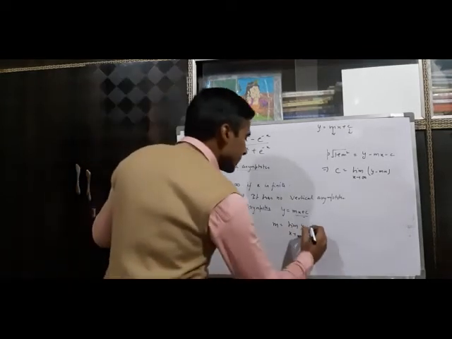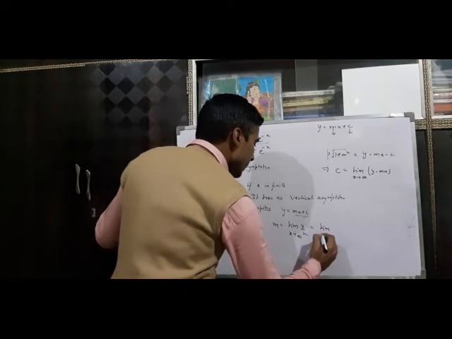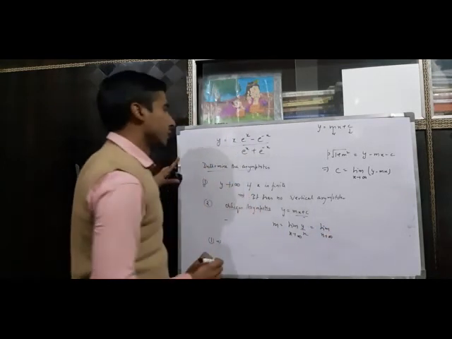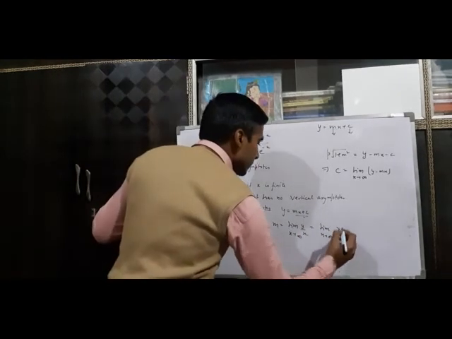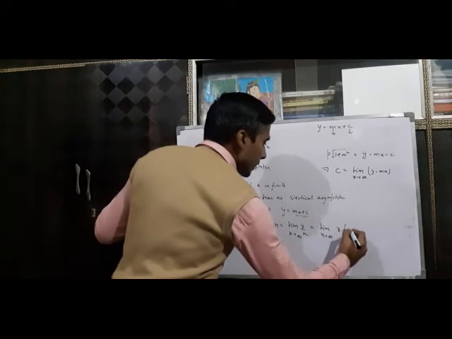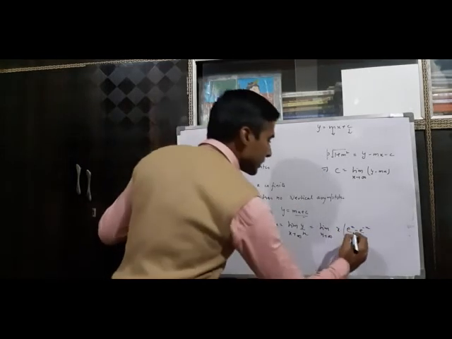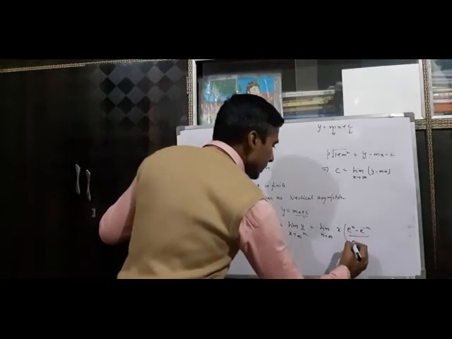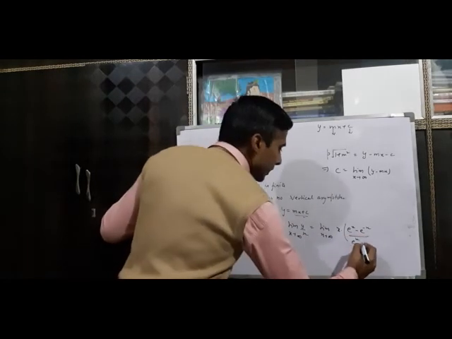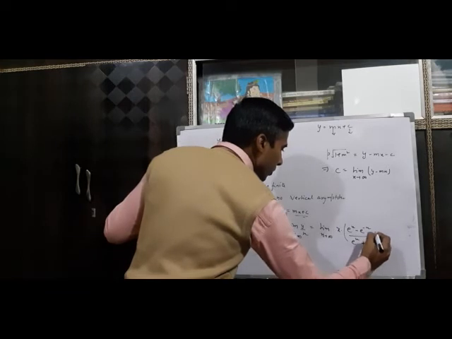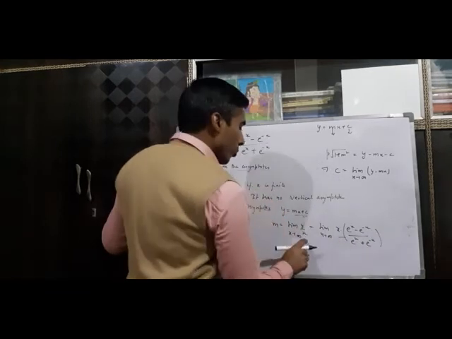Now using this, we can rewrite it as limit x tending to infinity, x into (e raised to power x minus e raised to power minus x) upon (e raised to power x plus e raised to power minus x), and upon this is x.